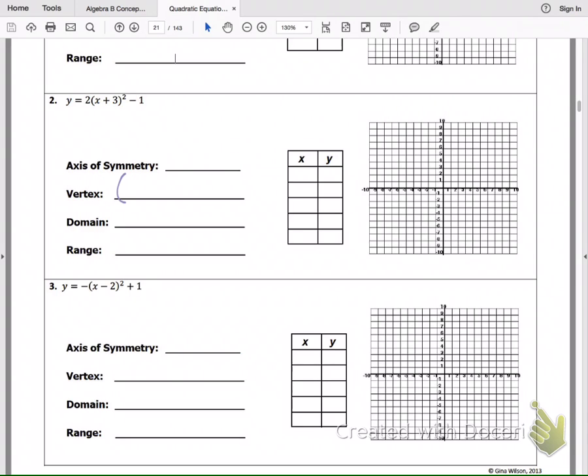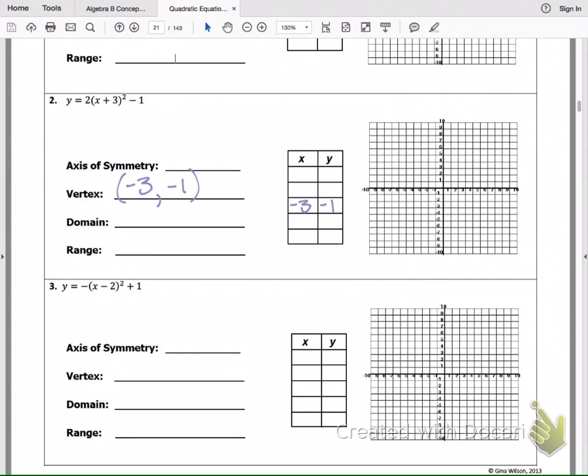Okay, it's going to be -3 there because I use the opposite of what it says in the parentheses. Right, because the formula had a minus in it, the minus and negative turned into a plus, but they don't show you that. So you just have to remember to do the opposite. So we do the opposite of the x value. We do not do the opposite of the y value. So what's the y value there? -1. That is my vertex that goes in my table.